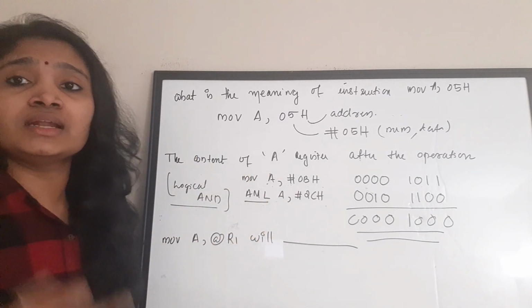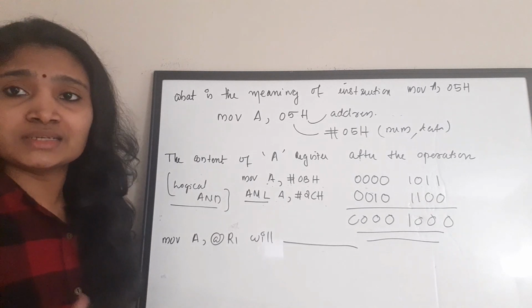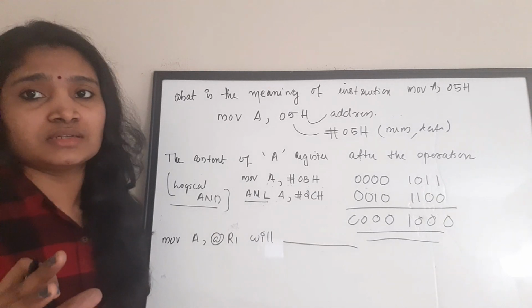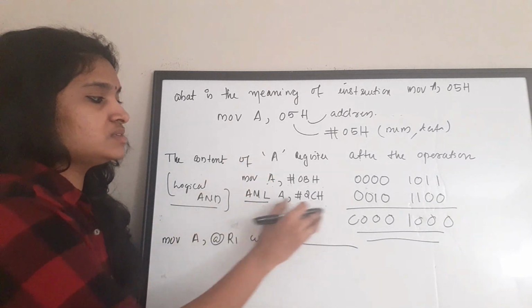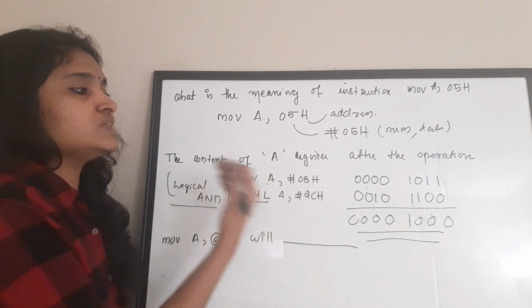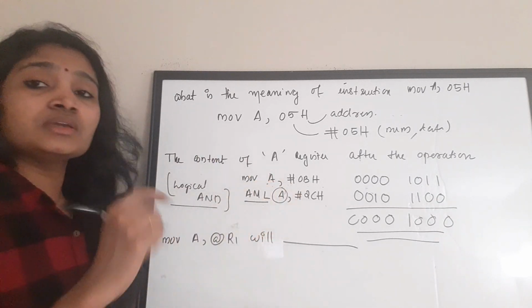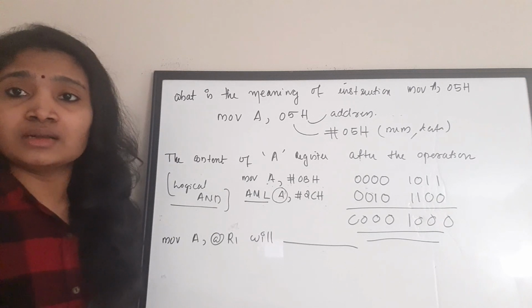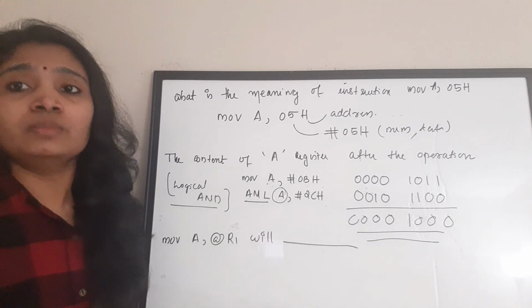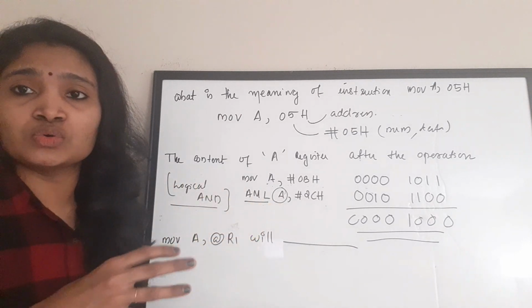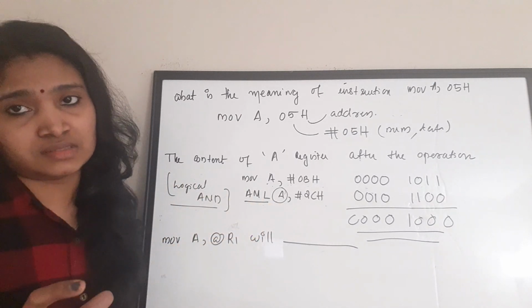You know that whenever an addition or any mathematical or arithmetical operation is performed, the result is stored to the accumulator register. So if this instruction is executed, the result will be stored to the accumulator. This you should also know. When an arithmetical or a logical operation is performed in 8051, the result is stored to the accumulator register.